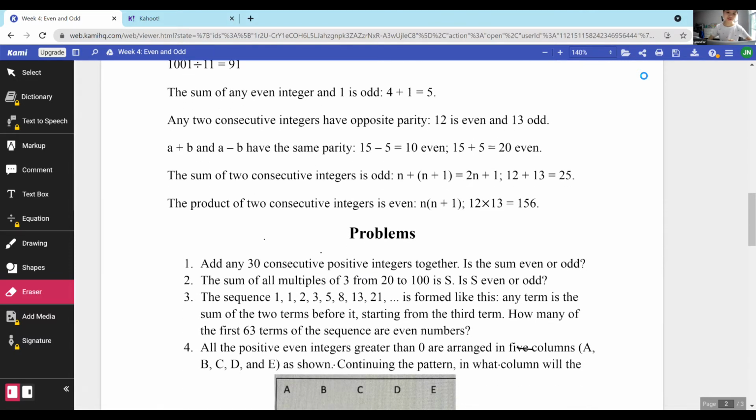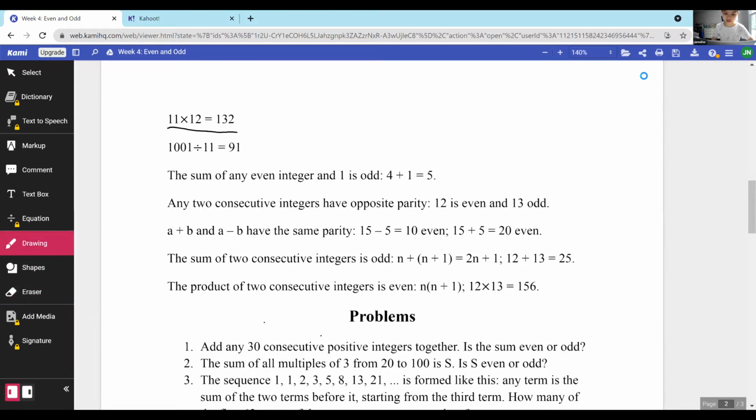Also, a plus b and a minus b have the same parity, because actually parity exists for negative numbers too. And they actually are the same parity.